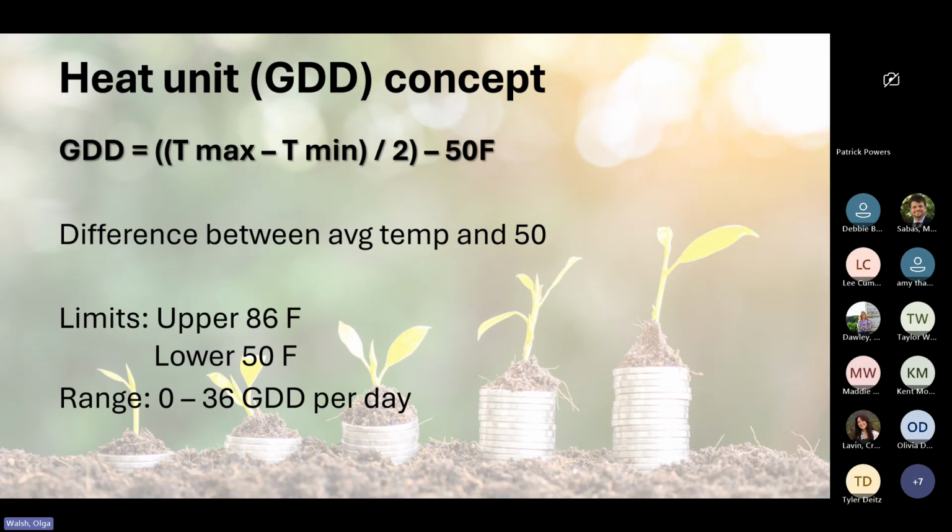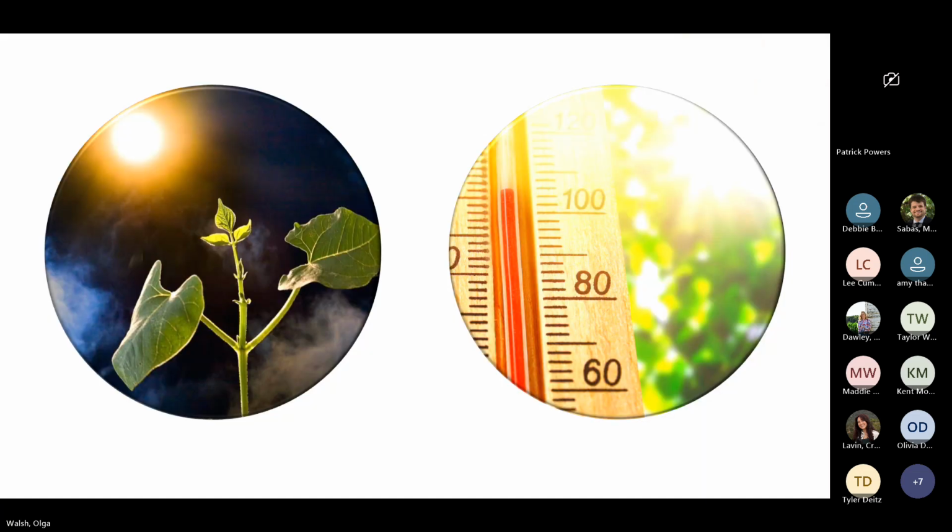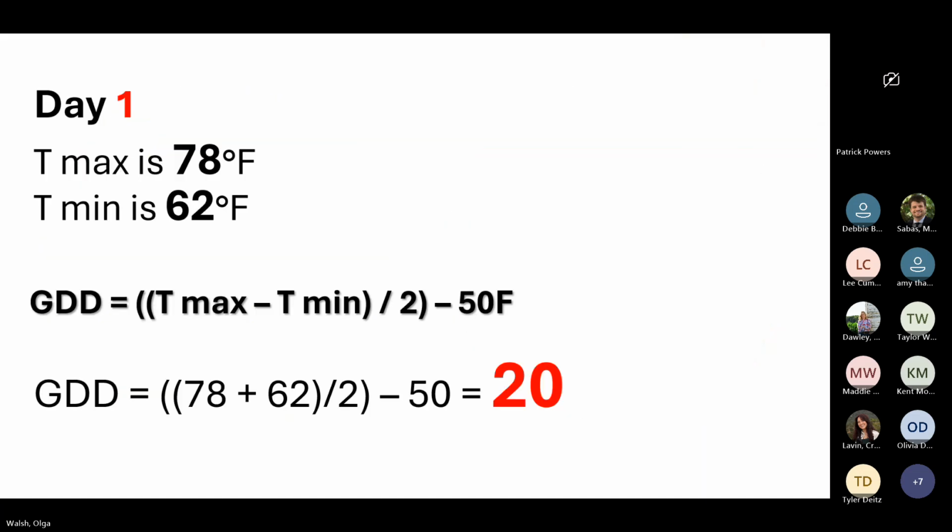For most crops, the upper limits are in the high 80s or 90s, and the lower limit is 50. So let's imagine that this is our day 1, and our crop experiences a maximum temperature that day of 78 and a minimum of 62.